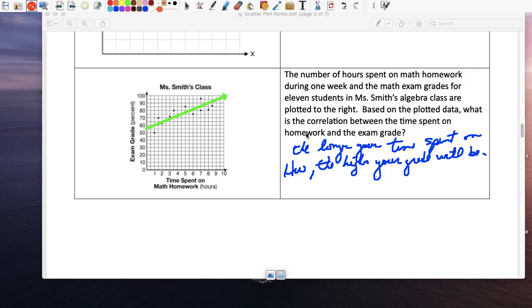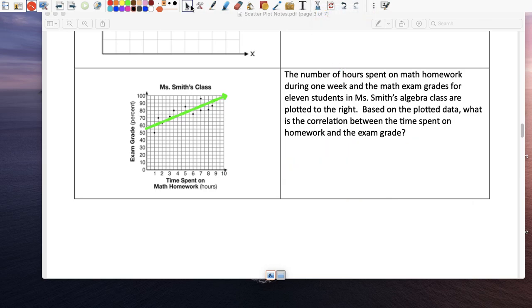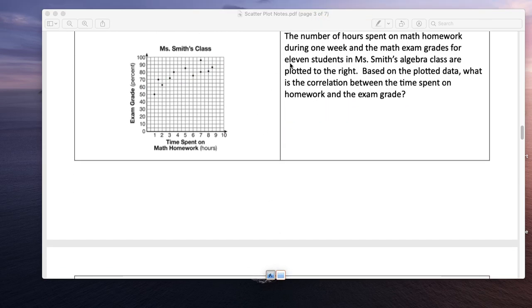Okay. And again, this is a strong positive, just a strong correlation, right? A strong association between the time spent on homework and the exam grade. So there seems to be a correlation between those two. Okay. All right, so we've done that page.